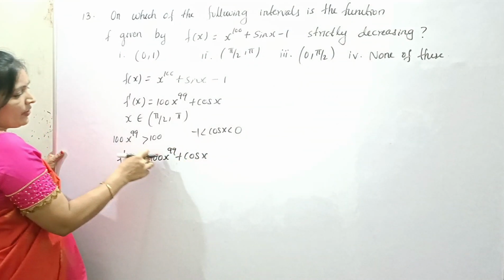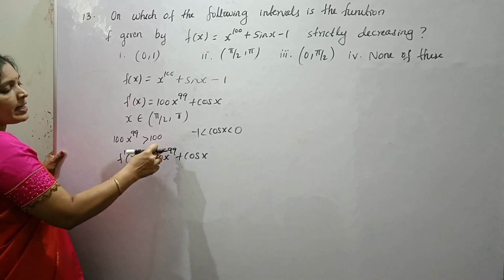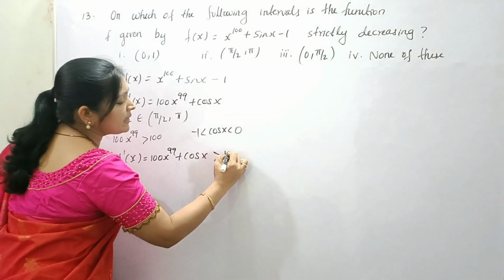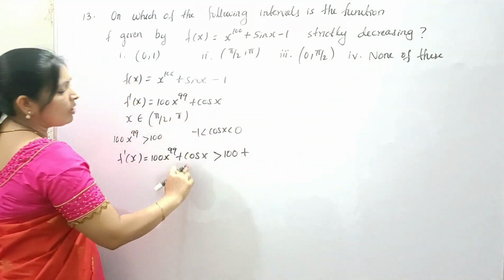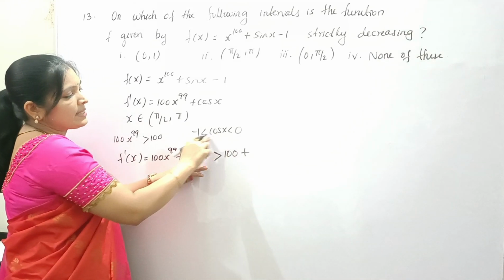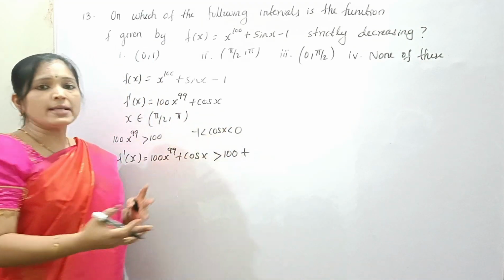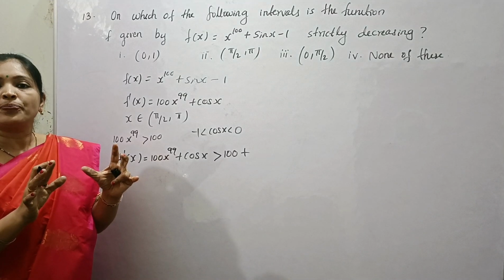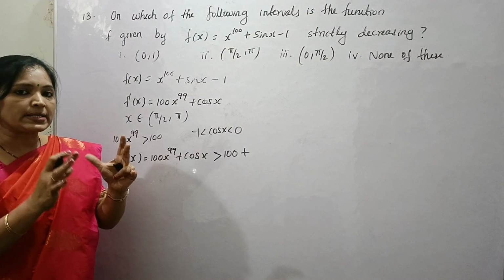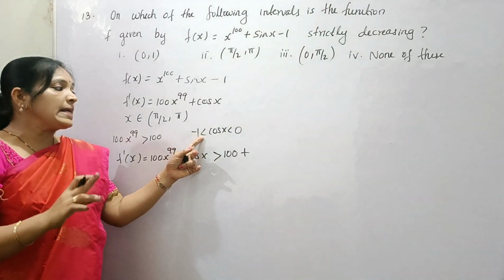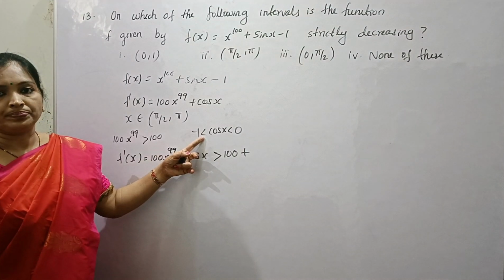Here we know that the first term, 100 x raised to 99, is always greater than 100, plus, then what about cos x? Cos x is greater than minus 1 and less than 0. So cos x is negative, but it is greater than minus 1.